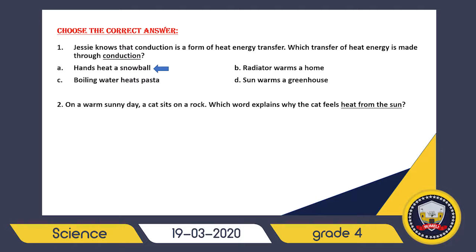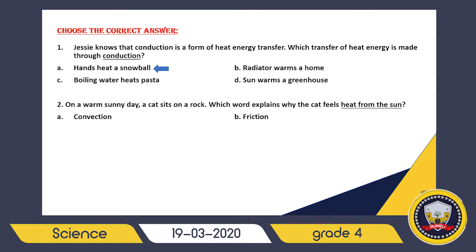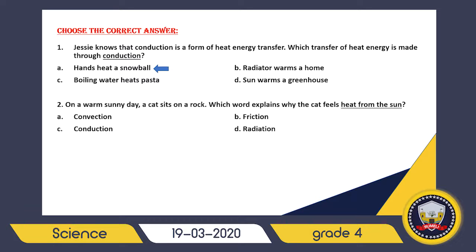Number 2. On a warm sunny day, a cat sits on a rock. Which word explains why the cat feels heat from the sun? So heat from the sun, as we have said, which kind of heat transfer is it? Is it convection, friction, conduction, or radiation?